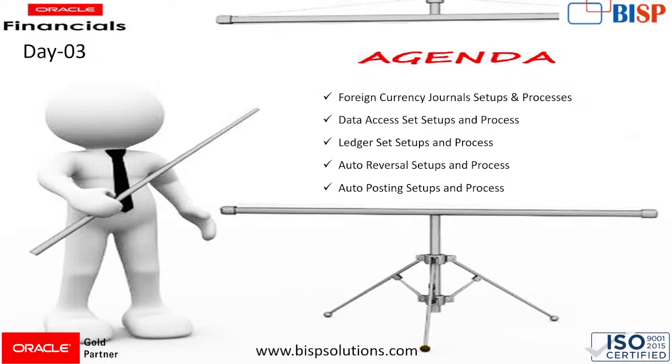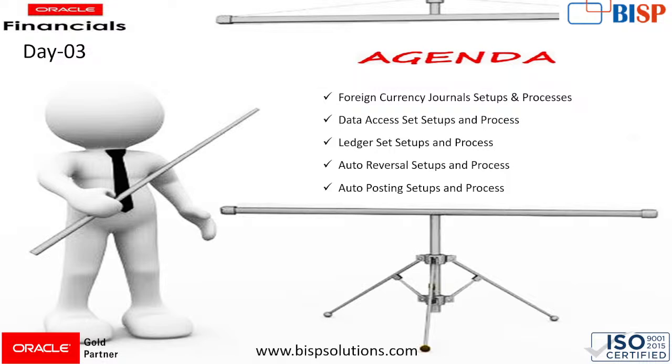The first task on our agenda is foreign currency journal setup and the process. Then we will see how to create a data access set and the setup process behind that.